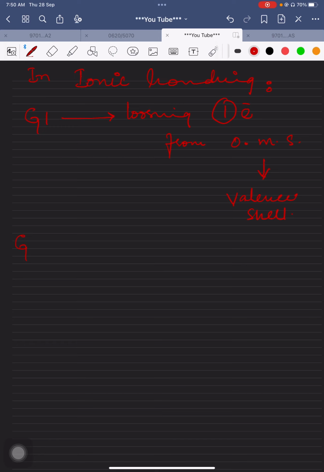All the elements of group number 2 are losing how many electrons? 2 electrons from their outermost shell. Group number 3 is losing 3 electrons from their outermost shell. We are currently not talking about group number 5, but I will discuss group number 5 as well. If we are talking about group number 6, we can say that it is gaining.